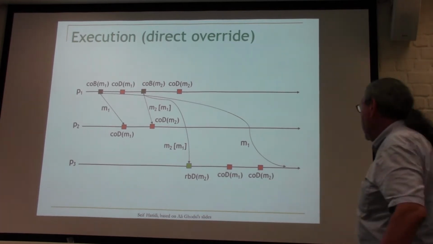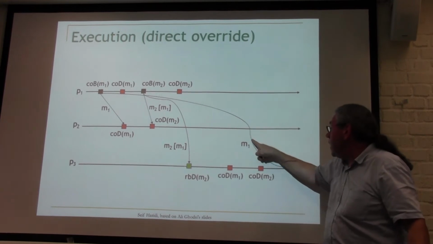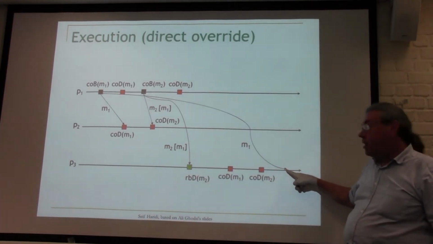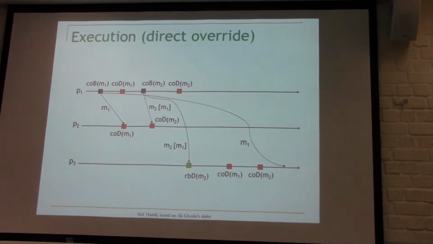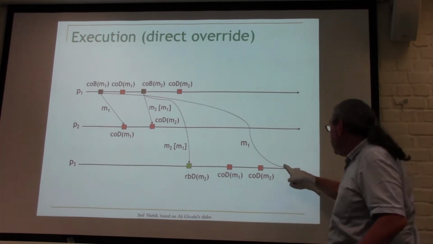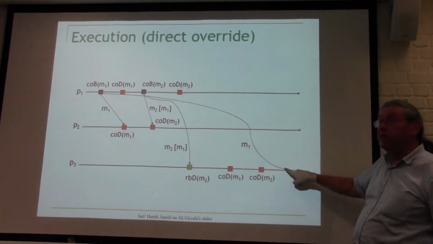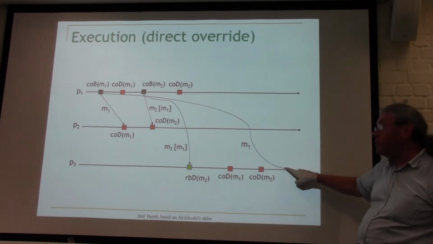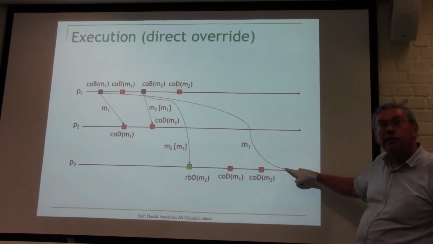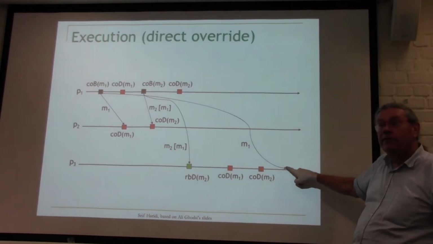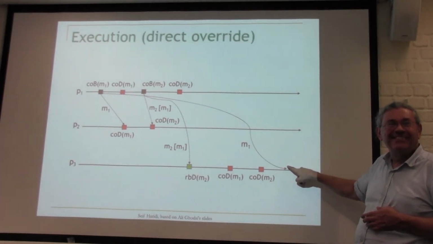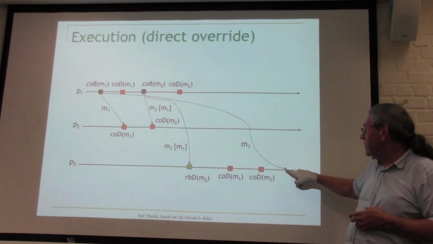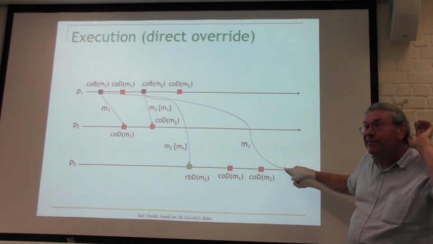And then finally M1 arrives. What happens when M1 RB delivers? What happens when this one finally arrives? What happens here?